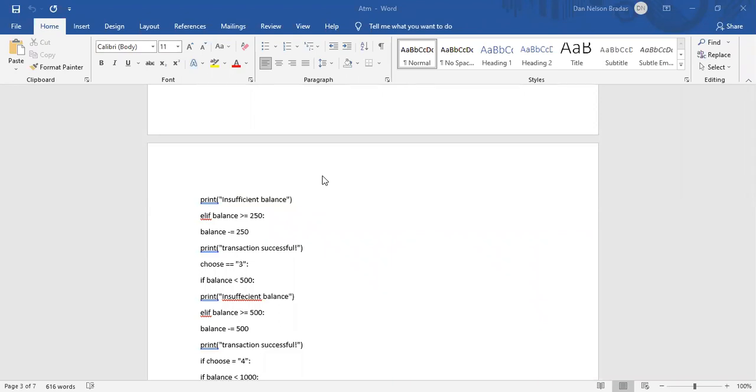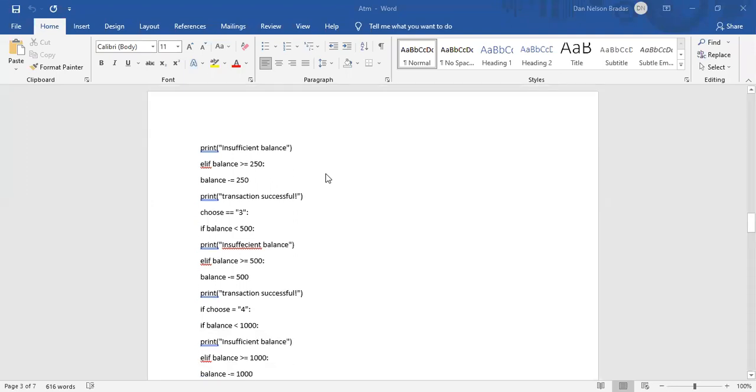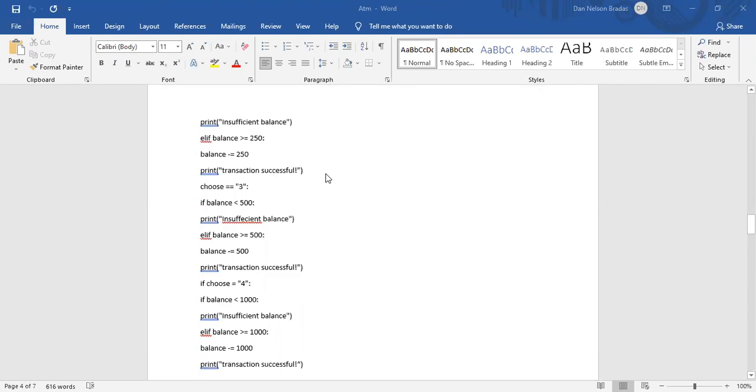If chosen is assigned to 3, if balance is less than 500, print insufficient balance. Else, if balance is greater than or equal to 500, then balance decreased by 500, and print transaction successful.